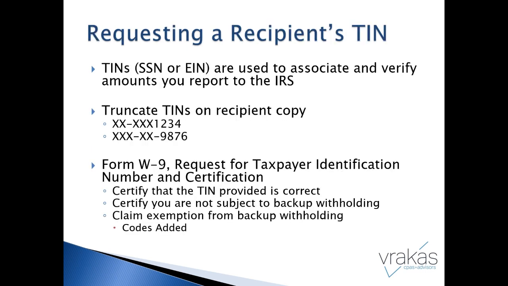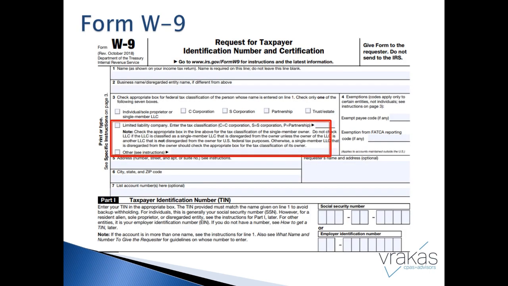So we're going to go through requesting a recipient's TIN number. And what that is, is the W-9. This is where most of the information comes from that you need to report on your 1099. And the one thing that is noted is that you can see that I can mark individual, sole proprietor, single member LLC, and that's where I need a social security number.